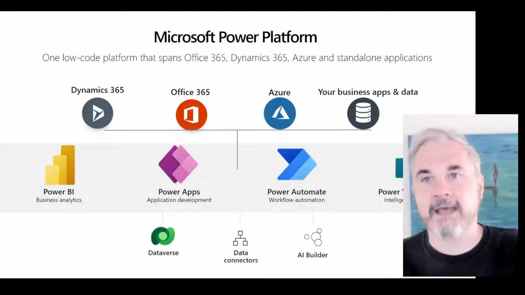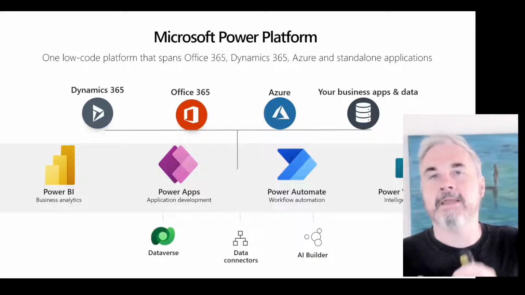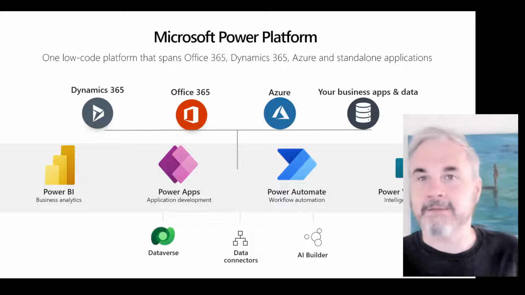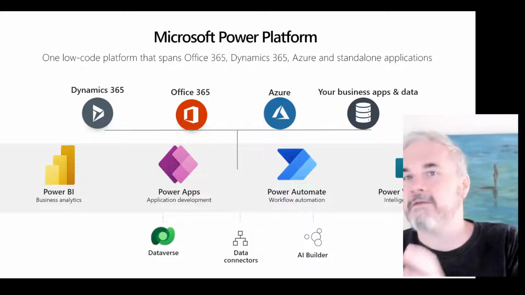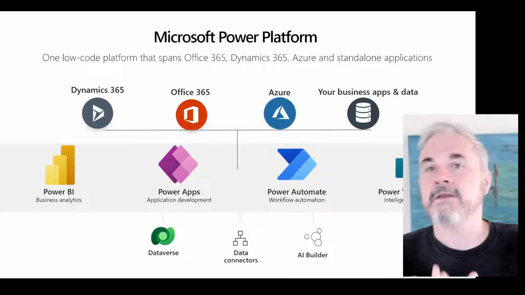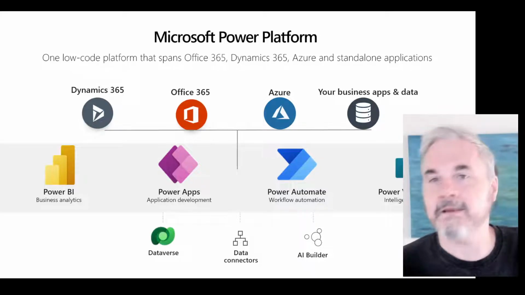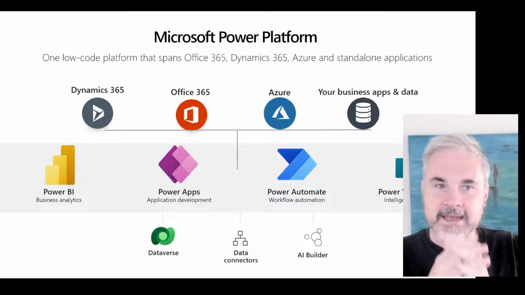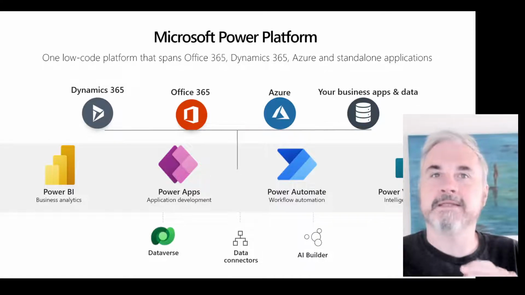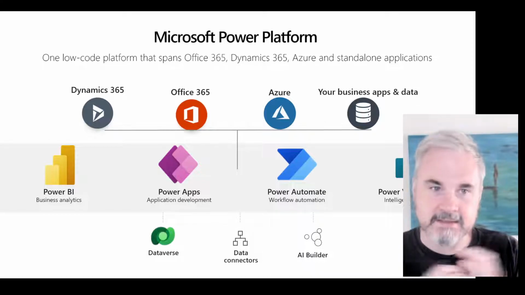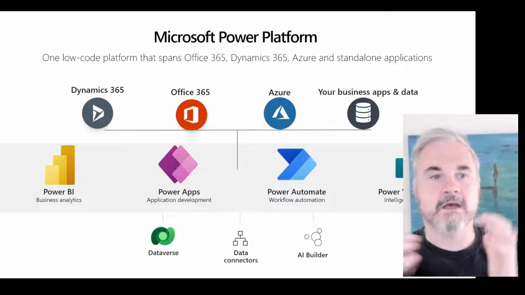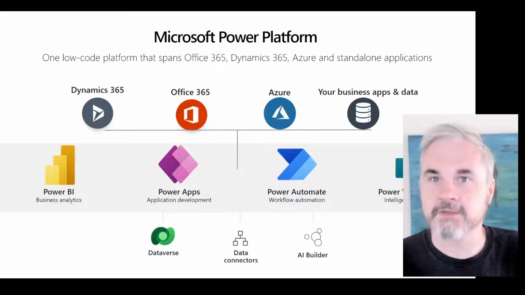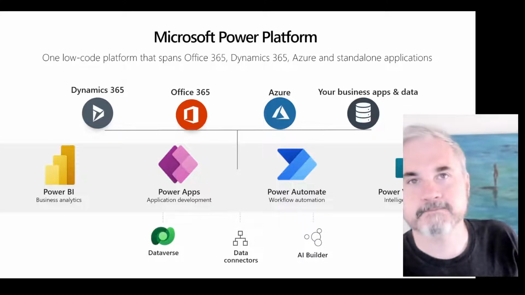Data connectors, AI Builder, and then of course sitting on top of this are other products in the Microsoft ecosystem: Dynamics 365, Office 365, Azure, and then you can also connect back to any of your apps and business data. So Power Platform is a low-code platform that sits in the middle of these services to really bring solution development, solution design into the hands of more people.